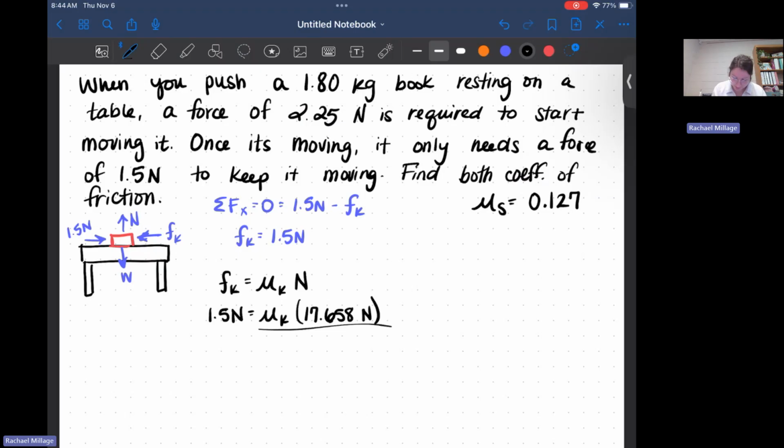So now I can divide both sides by 17.658 newtons. So I'm going to take that 1.5 and divide it by 17.658. And I'm going to get a mu sub k, or coefficient of kinetic friction, that is equal to 0.085.